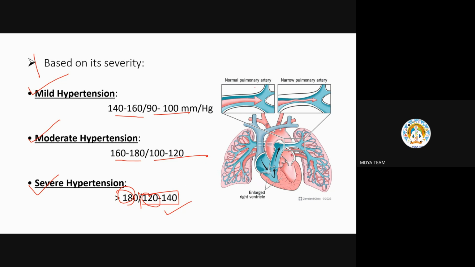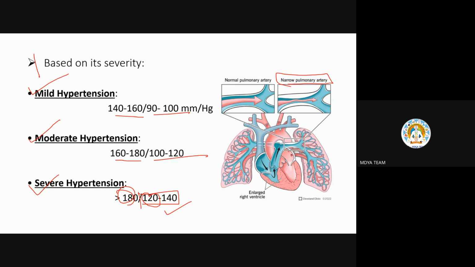This is the diagram to show you a normal pulmonary artery and a narrowed pulmonary artery due to certain reasons. Ma'am, what is Hg here? mmHg, yes, Hg is for mercury. I'll tell you exactly.